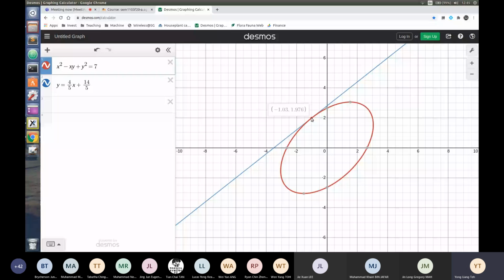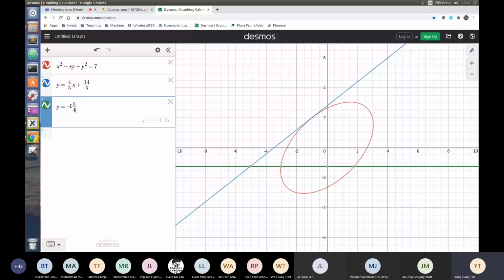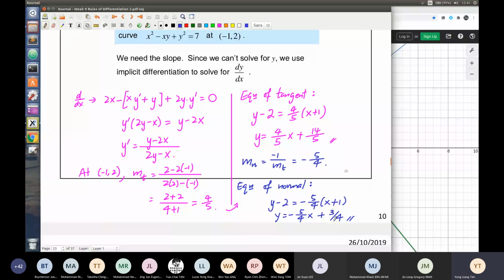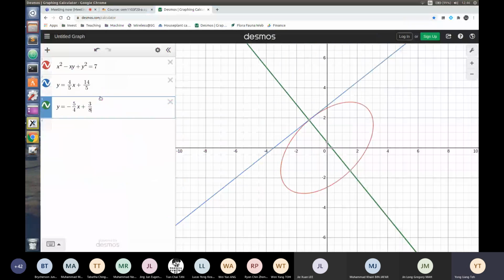Of course, let's look at my normal equation: y equals minus 5 over 4 x plus 3/4, not plus 3/8.